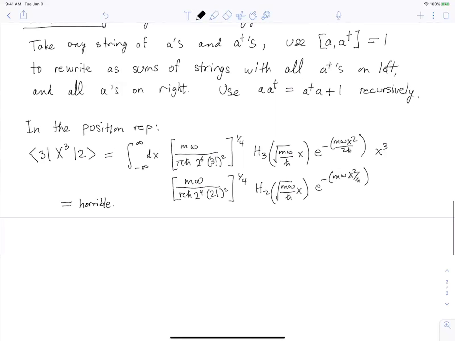The fastest way to do it is generally going to be to compute everything into A's and A daggers and use the energy representation rather than using the position representation, because nobody wants to do an integral like this with those Hermite polynomials stuck in there. It would be a nightmare.